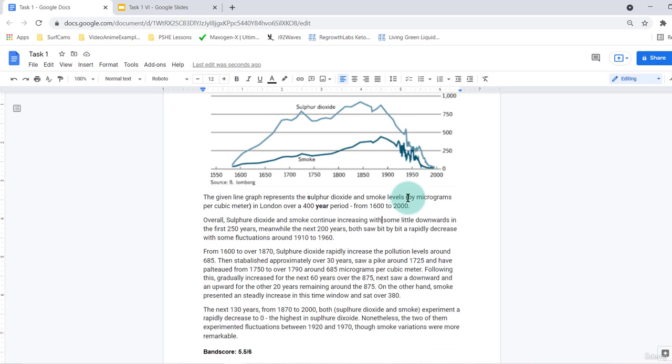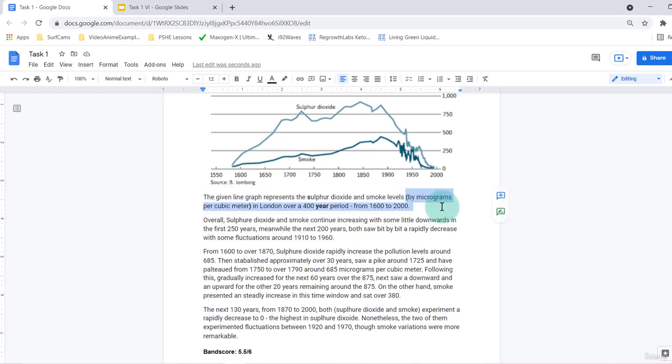But for this example, I think if we add these brackets in, it makes the sentence read a little easier. The given line graph represents the sulfur dioxide and smoke levels by micrograms per cubic metre in London over a 400-year period from 1600 to 2000. With just these three changes, it's a really great sentence.